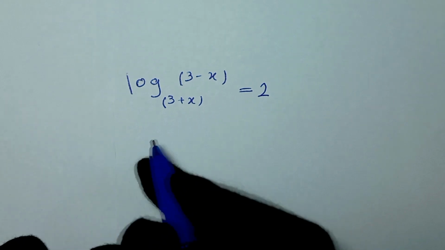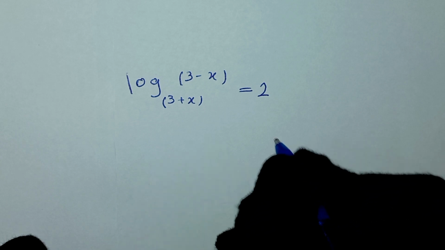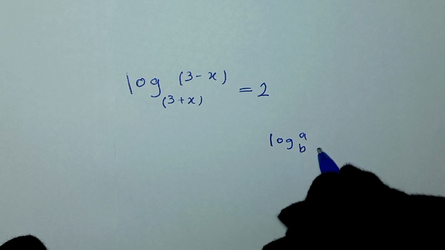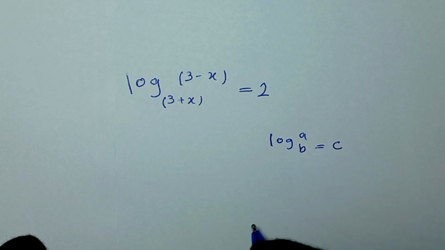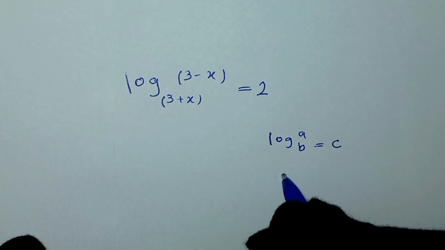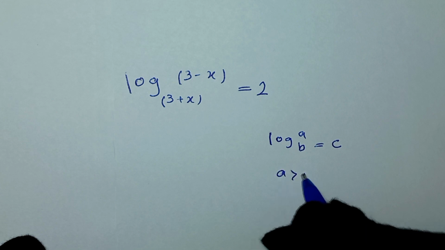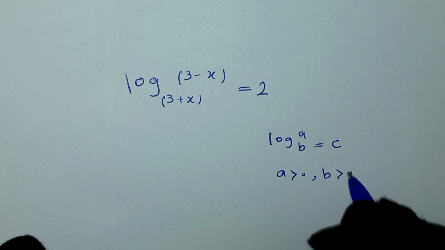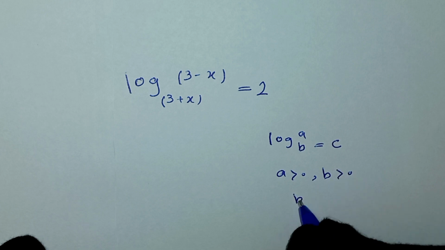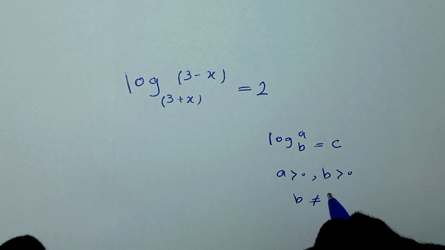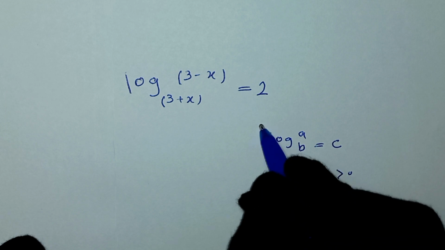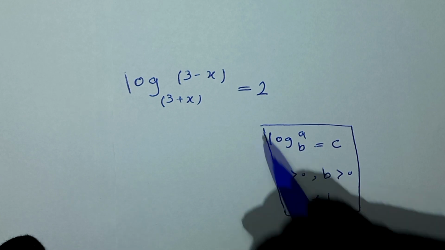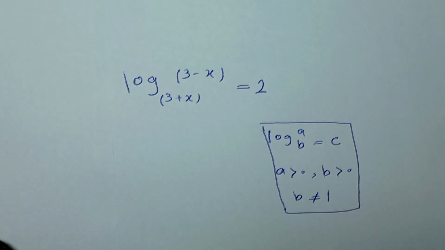First of all, if we have log of a to the base b is equal to c, in here a should be greater than 0 and b should be greater than 0, and also b should not be equal to 1. These are our conditions for logarithm, okay?